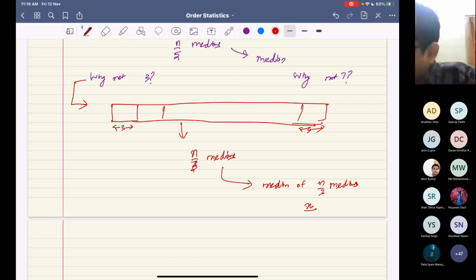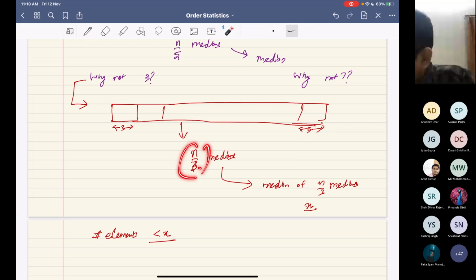Now what can we say about how many elements are guaranteed to be smaller than x? So we know that n by 6 medians are smaller.